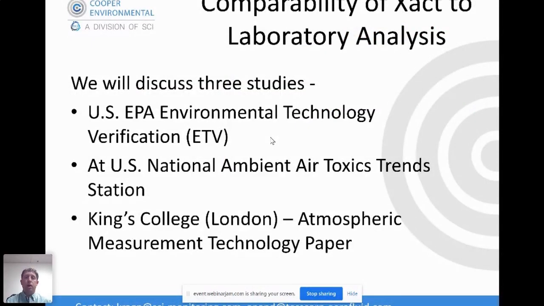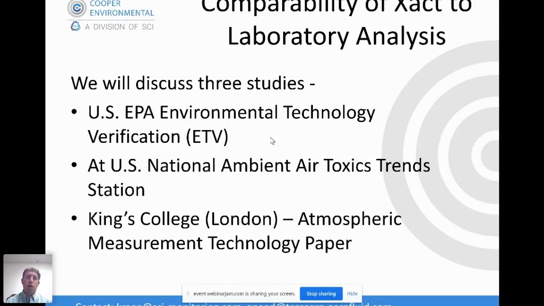So on the next several slides, we'll be discussing some of the comparisons that have been made between the Xact and laboratory analysis methods. We'll talk about 3 specific studies. There are many others that are also available in the peer-reviewed literature.